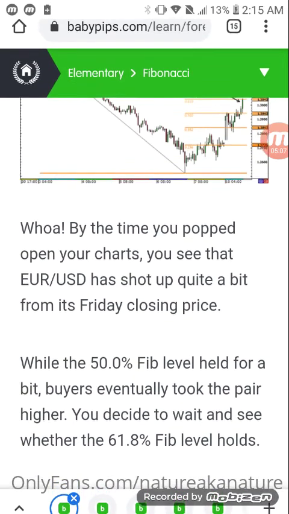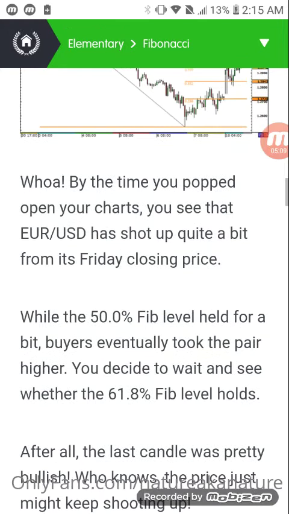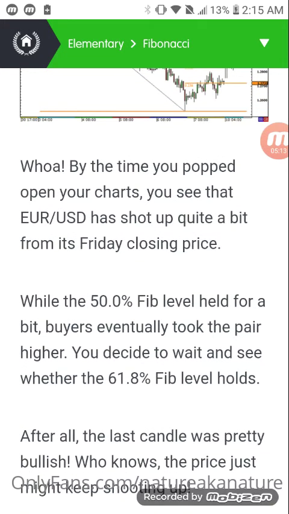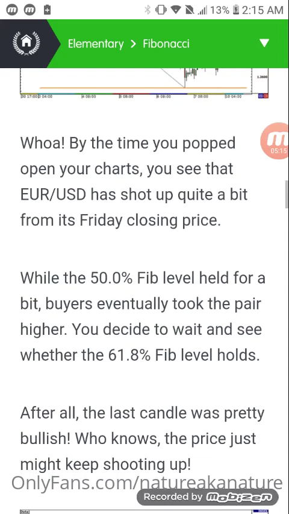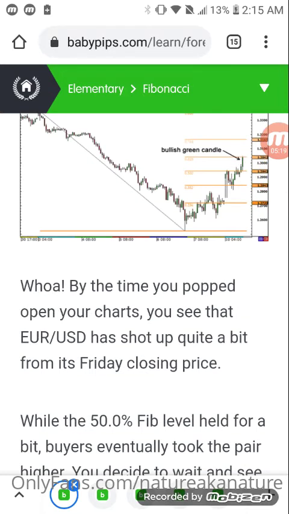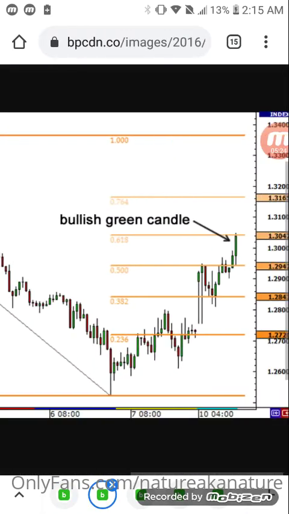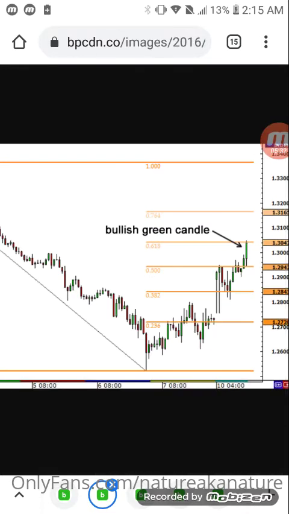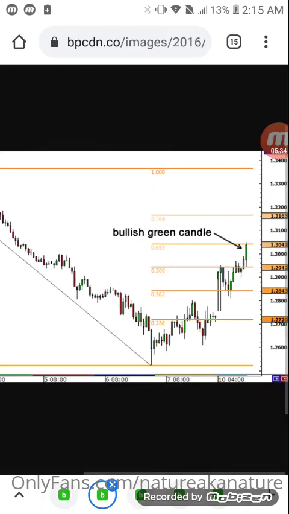While it did test the 50 level and held for a bit, buyers eventually took the pair higher, and you decided to wait to see whether the 61.8 fib level will hold. These are strong levels. 61.8 and 50 are strong levels where price will retrace to, whether it's an uptrend or a downtrend. Price retraced back to the 61.8 level.